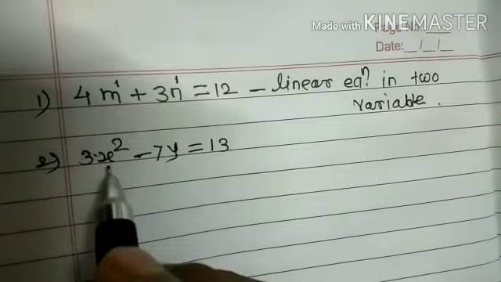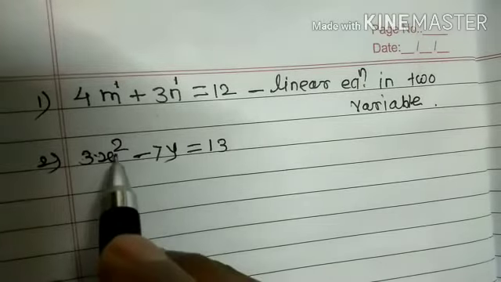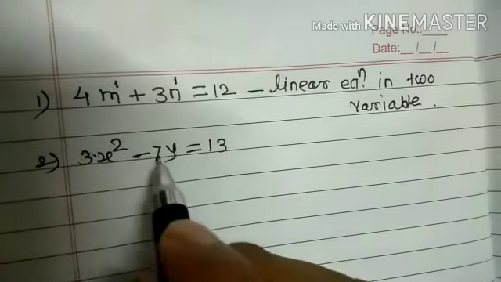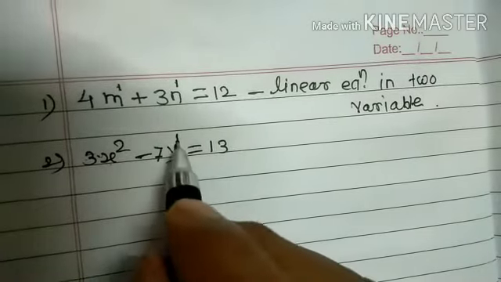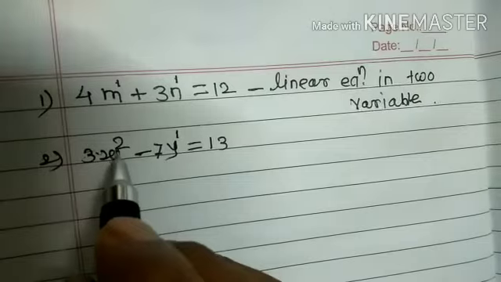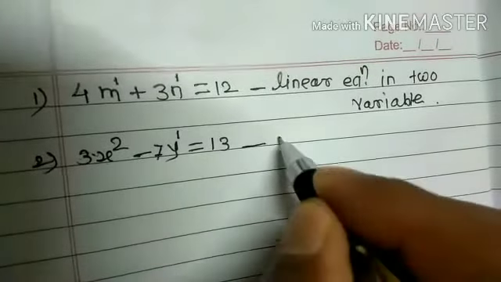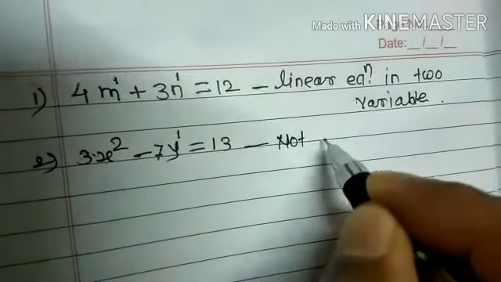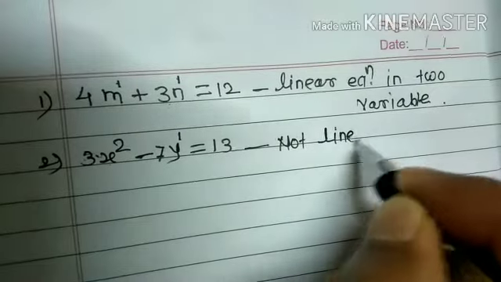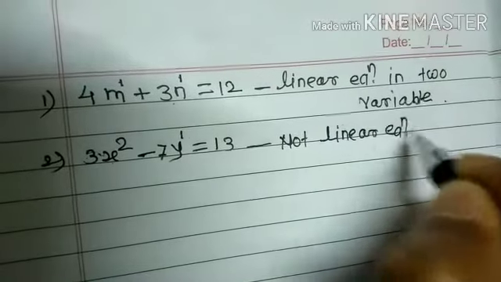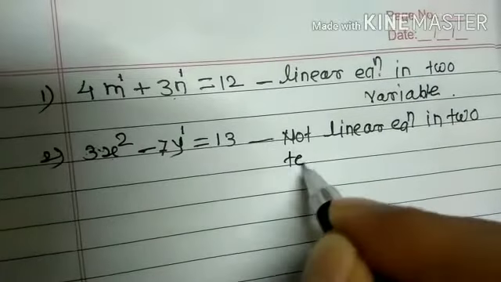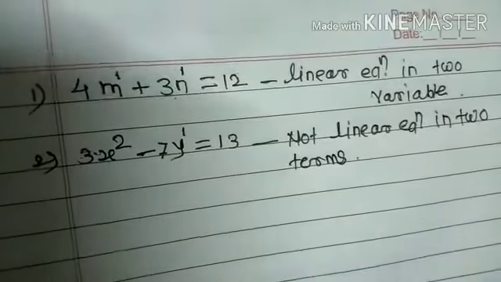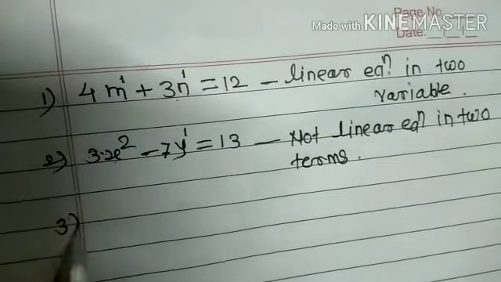In the first term the variable is x and its degree is 2, and in the second term the variable is y and its degree is 1, but the degree is 2 and hence this is not a linear equation in two variables.